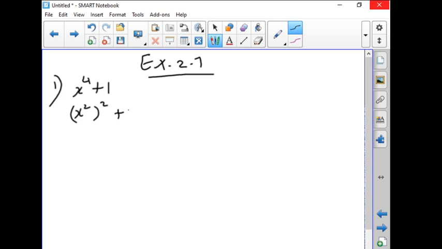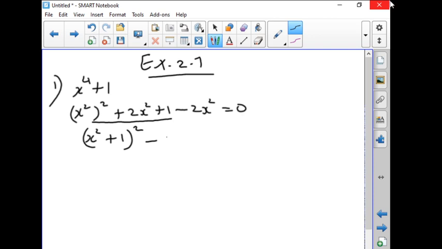Okay, add 2x square plus 1 minus 2x square is equal to 0. Okay, we have added and subtracted 2x square. Now what about these 3 terms? It can be written as x square plus 1 the whole square. Yes. And what about this? This minus 2x square can be written as root 2x the whole square.